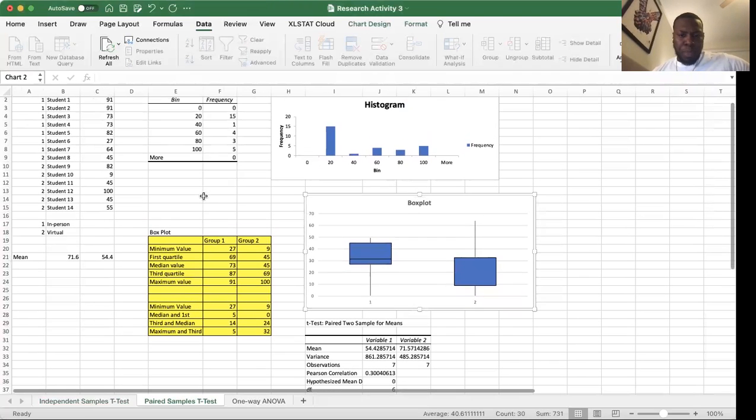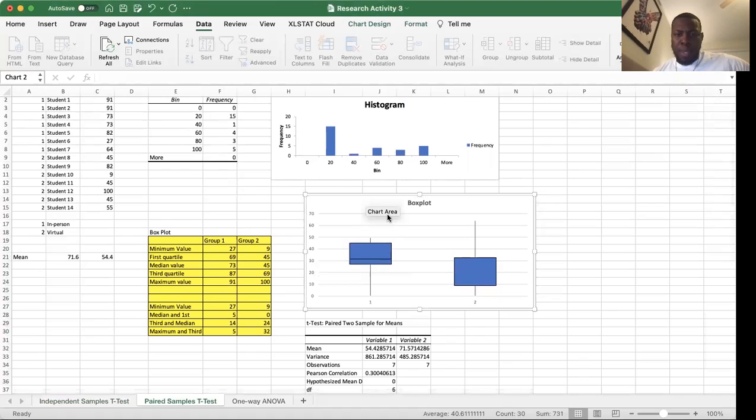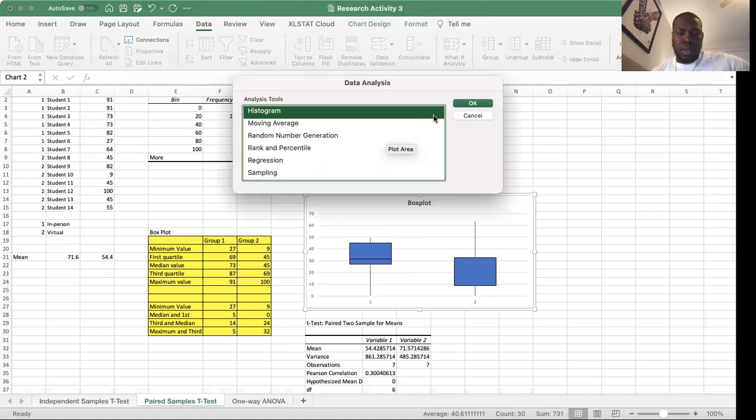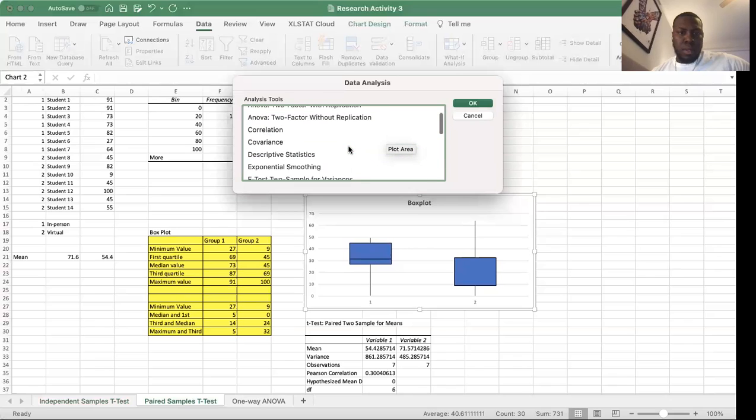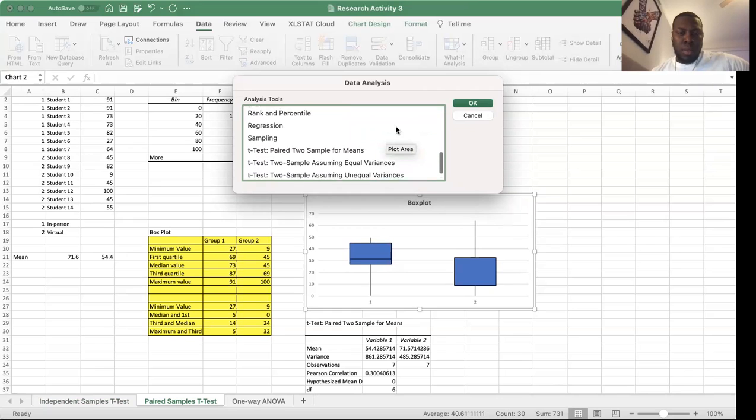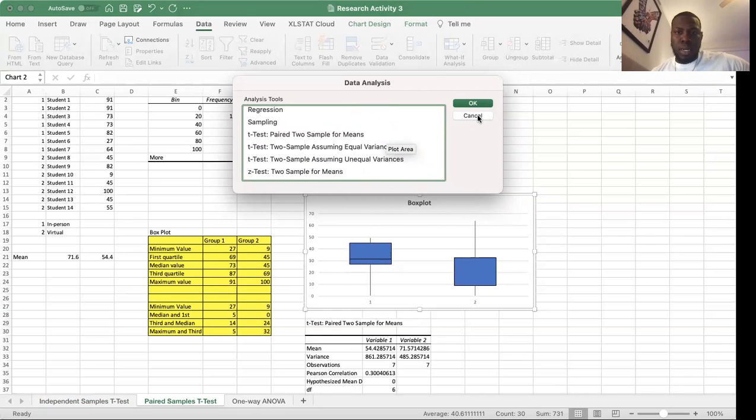All right. And then for my box plot, once again, I took the information, went to data analysis, actually, I didn't do data analysis.